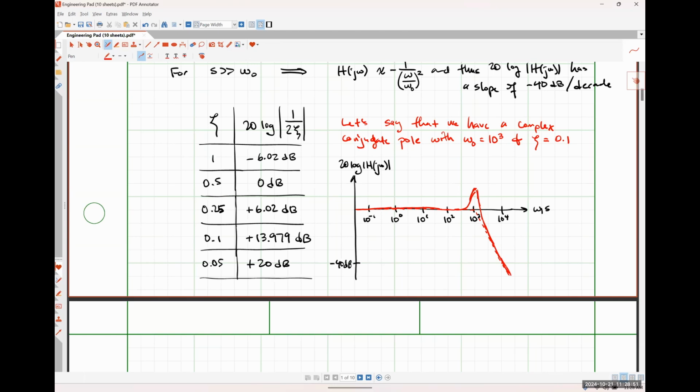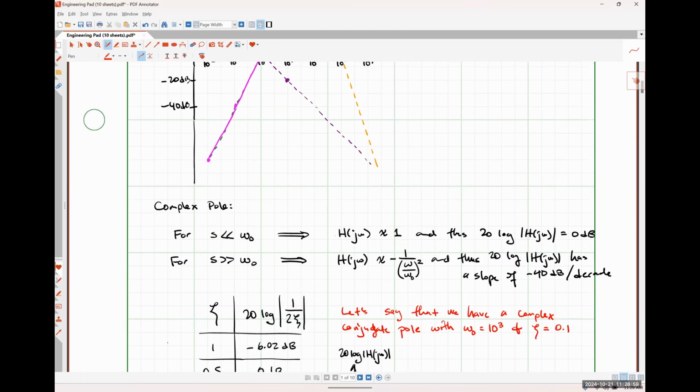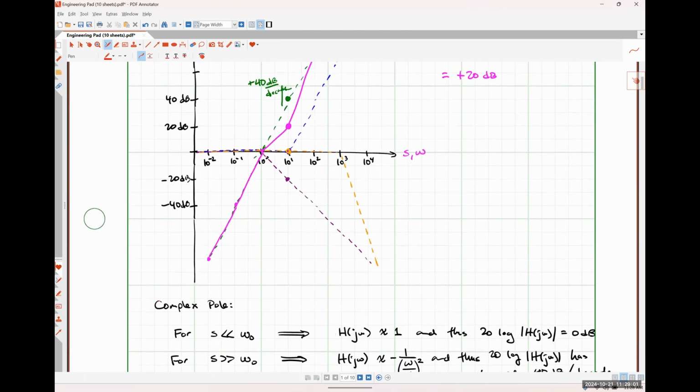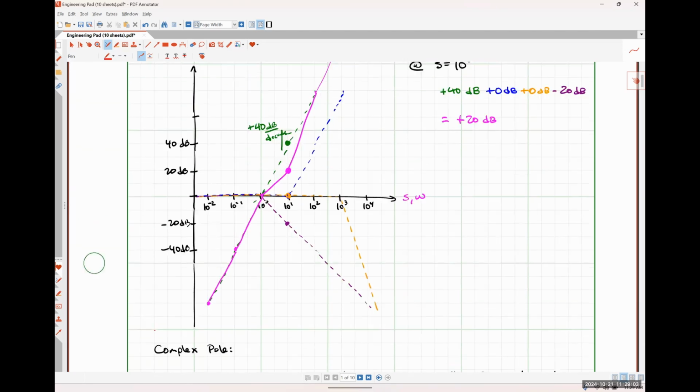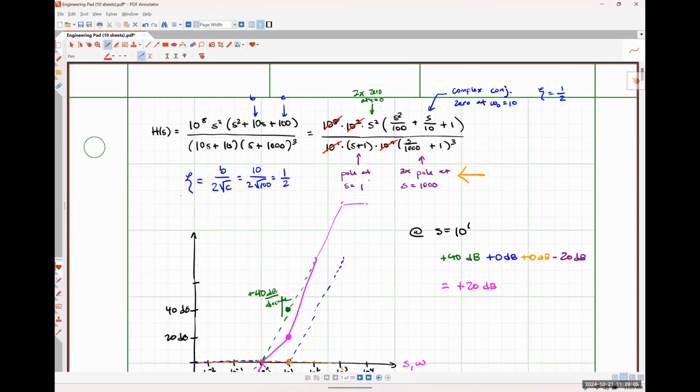Absolutely. It goes off of 10 to the 3, so that is 1,000. Yep. So we put it in the standard form like this. So this tells me I should start increasing at 100, which is 10 to the 2. So I should start increasing at a slope of 40 dB per decade at 10 to the 2.